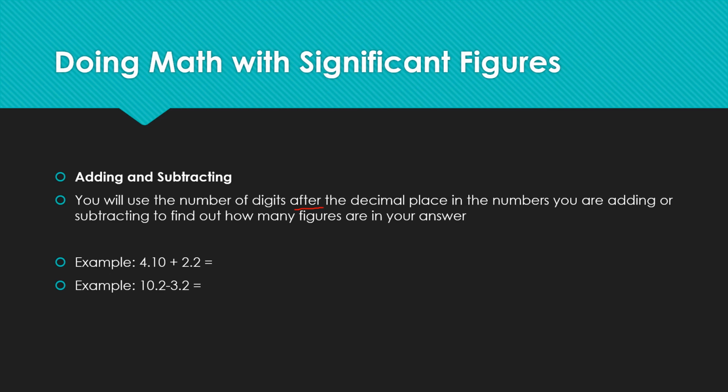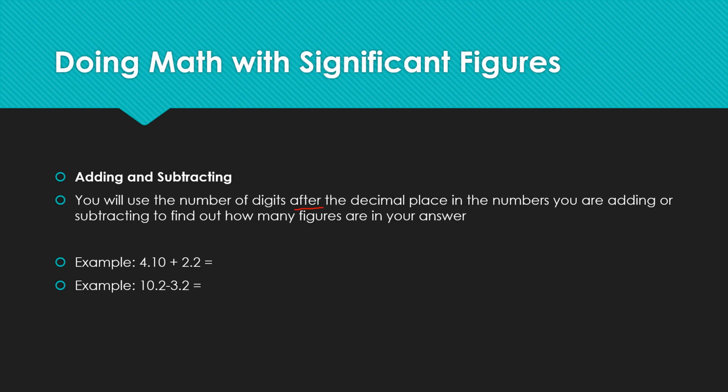I have examples for adding and subtracting that we're going to work through here, and then we'll have plenty of them to do in class. That's your first step before you determine your answer. The least precise measurement limits how accurate you can be. So in this case, we're counting numbers after the decimal place.